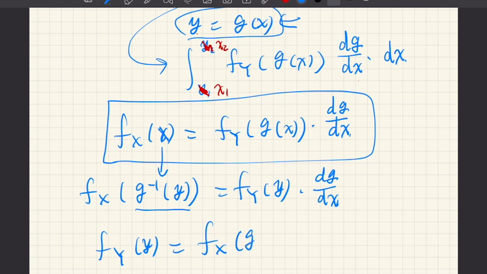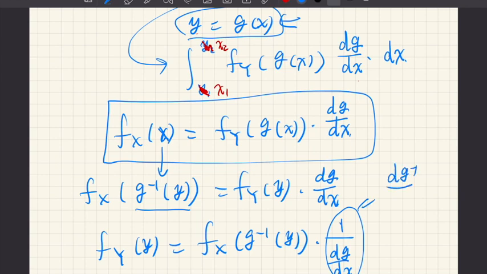is g inverse y, and we divide by this. Let's see, g dx, but this one is the same as dg inverse differentiated by y.